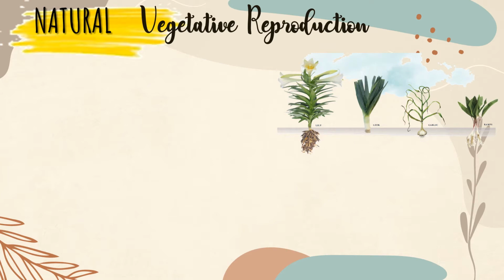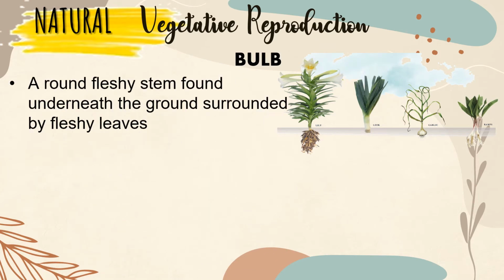As you notice in the picture, we have lily, leek, garlic, and onions, examples of these vegetables. So these vegetables are called bulbs. They are being reproduced in these ways. So they are naturally reproduced with the use of the bulb of the plant.